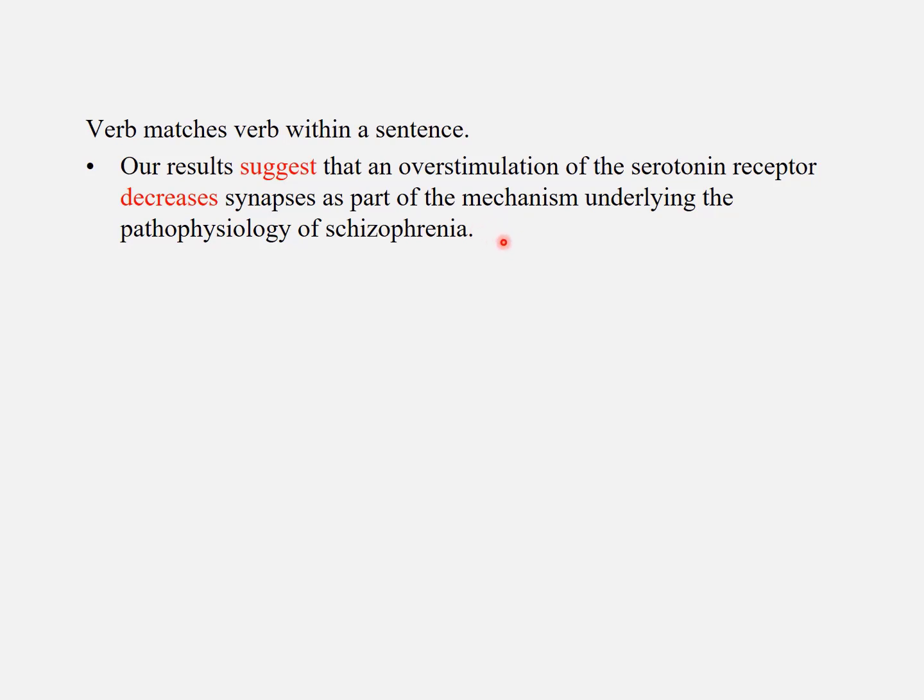This is wrong because you cannot suggest a decrease. You can suggest a possible mechanism. If you say a decrease, you say I observed a decrease or show a decrease, but you cannot suggest a decrease. So these two verbs within one sentence don't match each other.